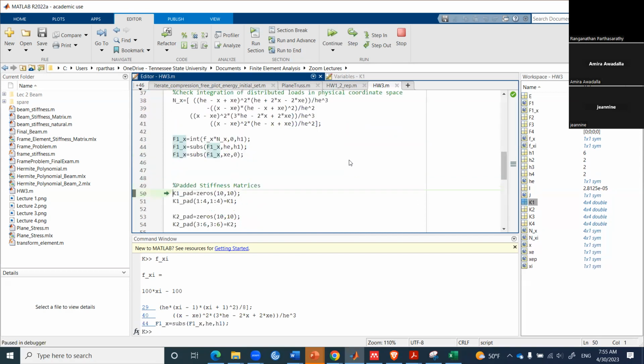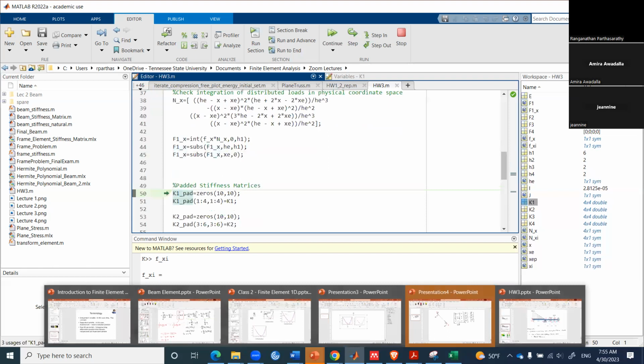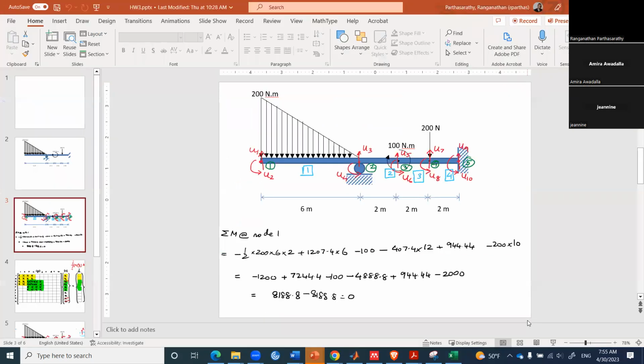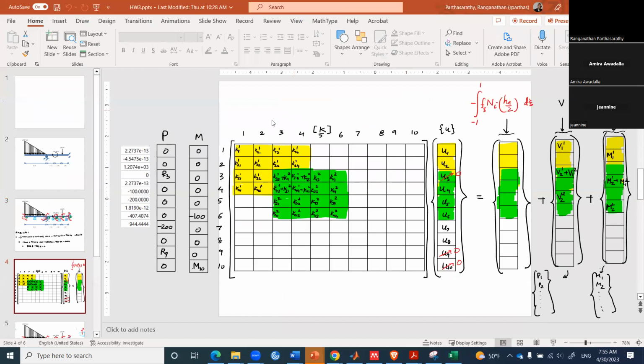Okay, next is we assemble the stiffness matrix in a slightly different way here using padding. That means what we are going to do, you know that the global stiffness matrix is 10 by 10. Right.